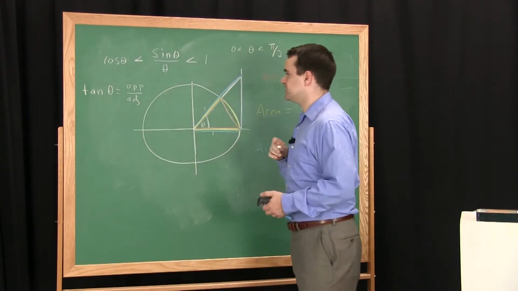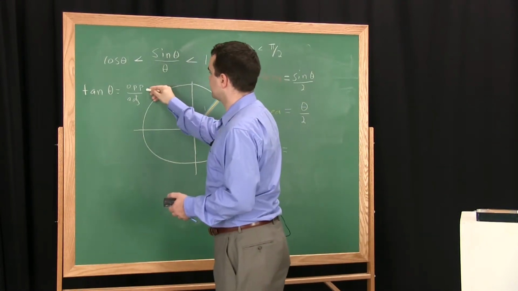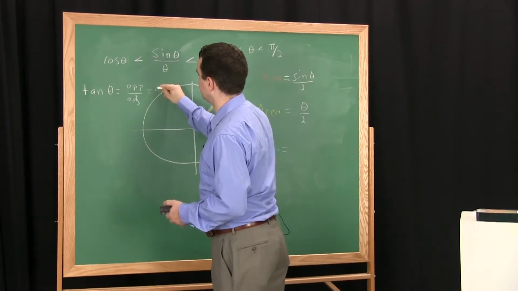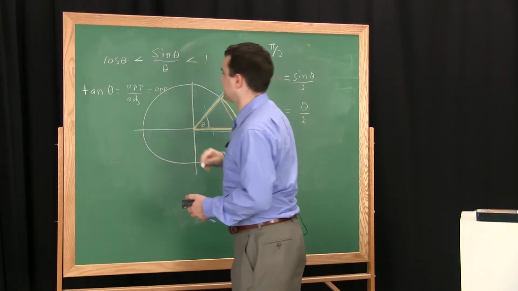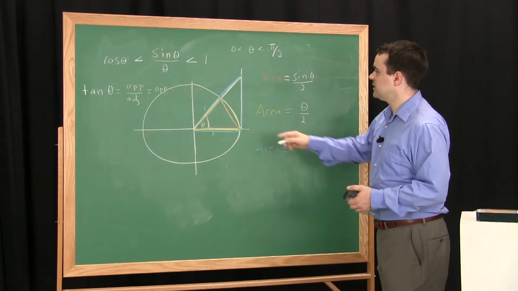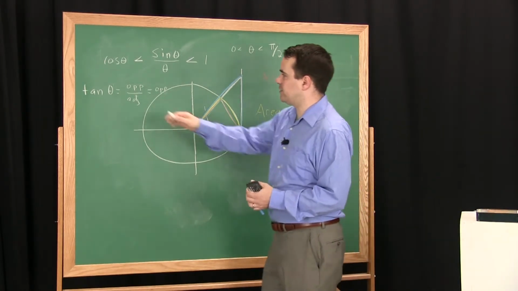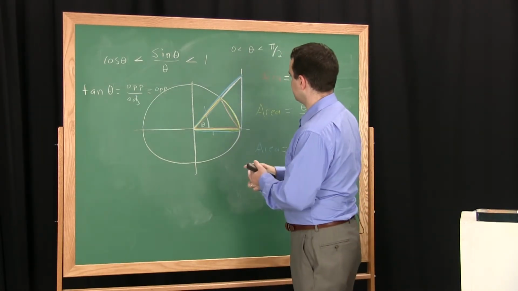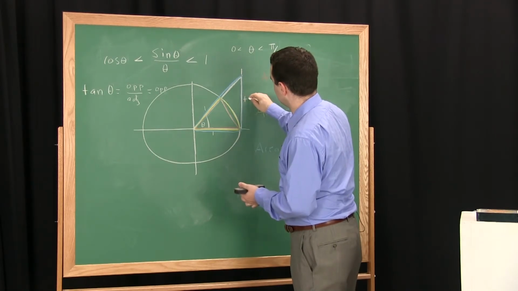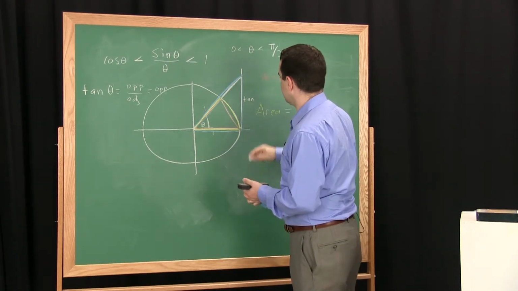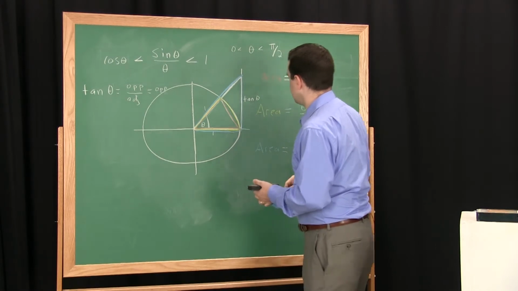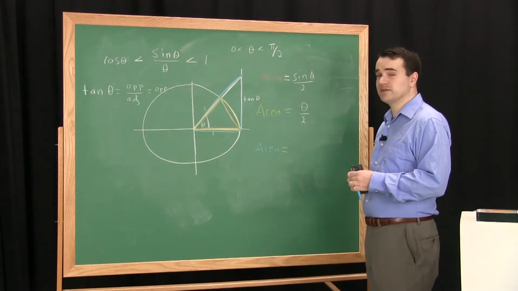And here my adjacent side is equal to 1. So opposite side divided by 1, that's just the length of the opposite side. So here's the length of the opposite side, and I know that has to be tangent of theta. So I can just go ahead and plug that in. Whatever theta is equal to, its tangent is going to be the length of that opposite side.